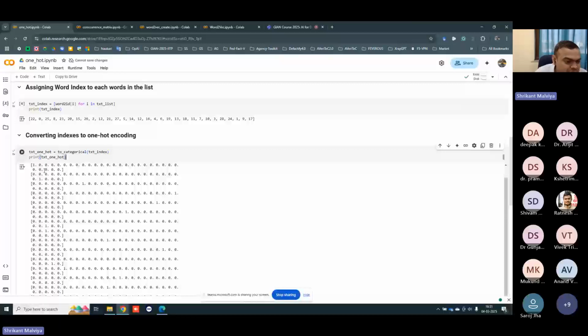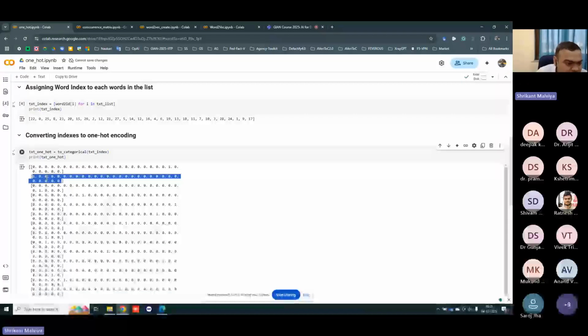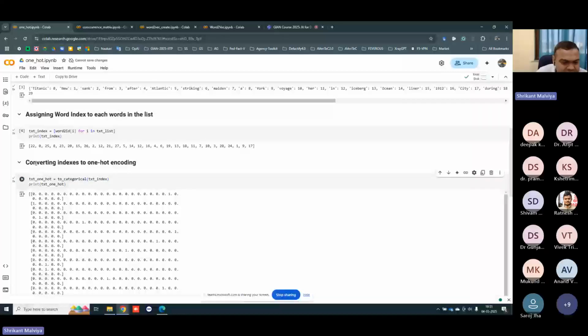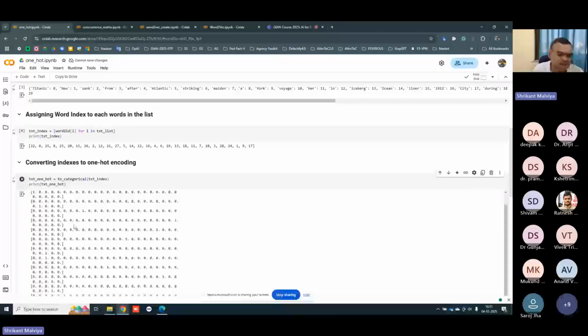This one hot vector is for the ID 22. You can calculate and see that the one is at the 22nd location, and similarly we observe the one hot vector for each word.